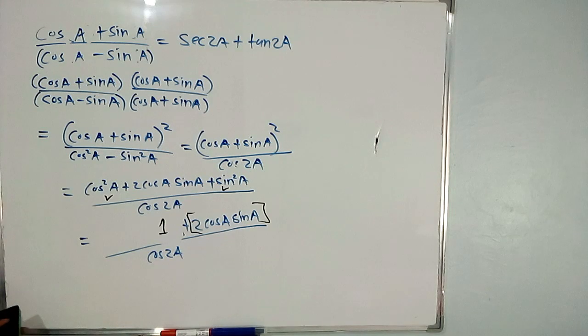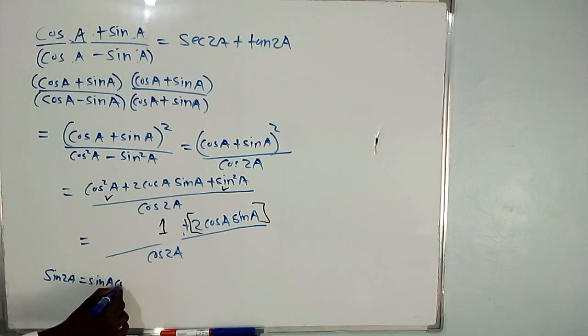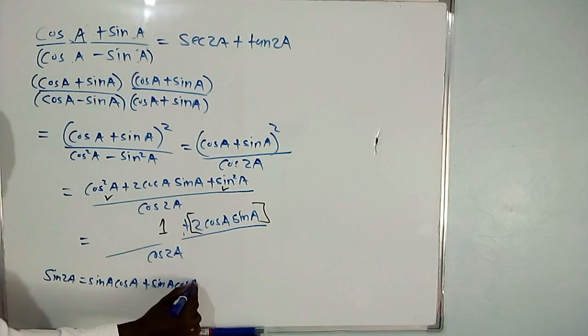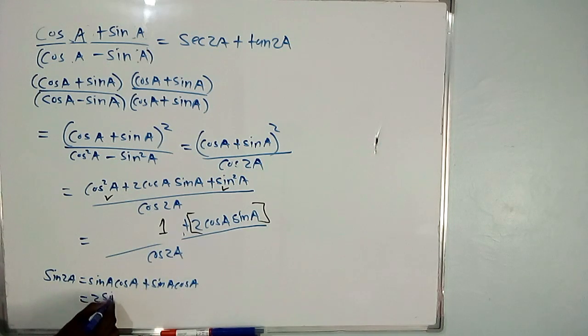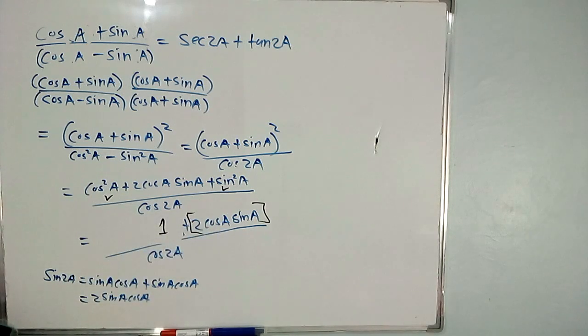If you have sin 2A, sin 2A is sin(A plus A). These things you would have mastered them now. So sin(A plus A) is sin A cos A plus sin A cos A, isn't it? Because if it was sin(A plus B), it was going to be sin A cos B plus cos A sin B. So where there is B, A is occupying, isn't it?